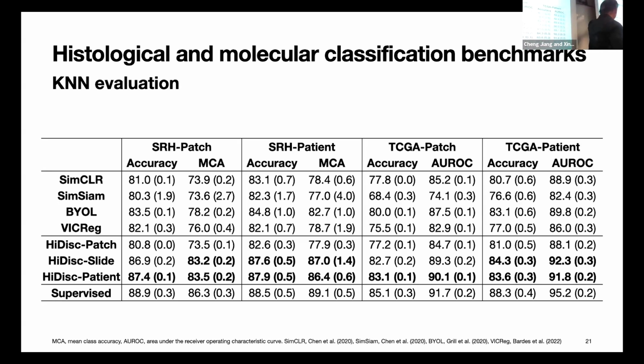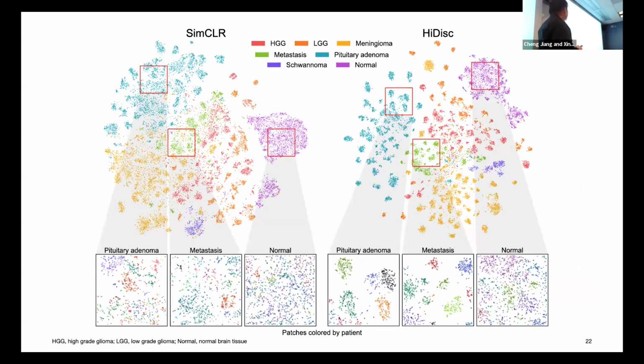So HiDisk patch and SimCLR are the baselines that we're comparing against, and as expected, they're very similar to each other. We also visualize these representations using t-SNE to do a dimensionality reduction on the learned representations.